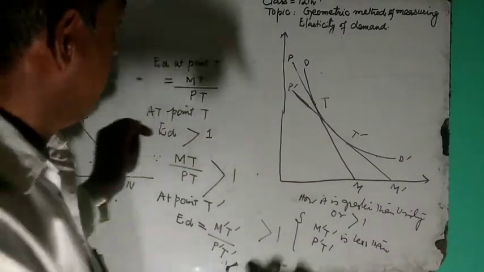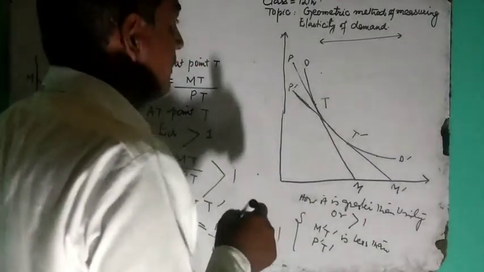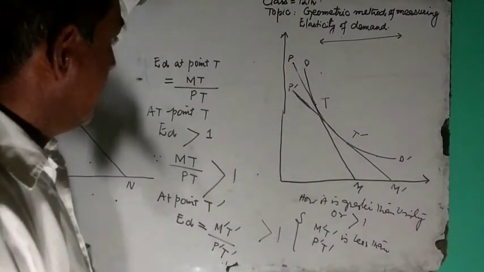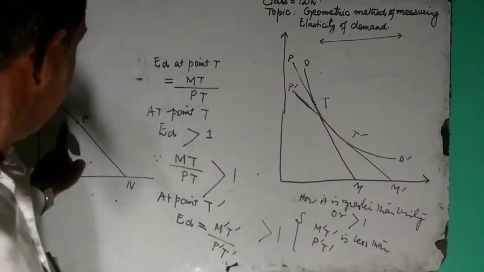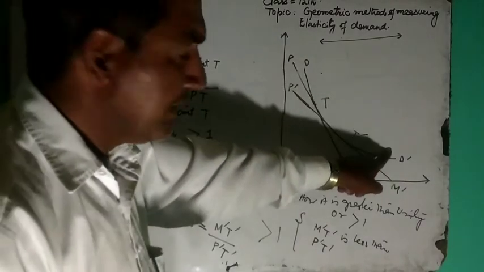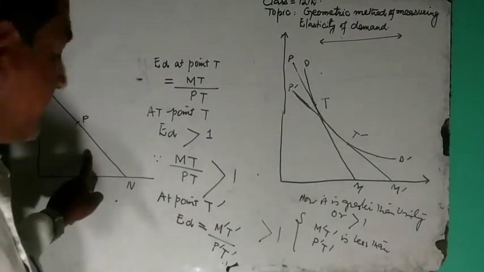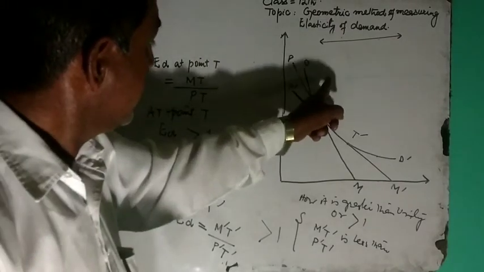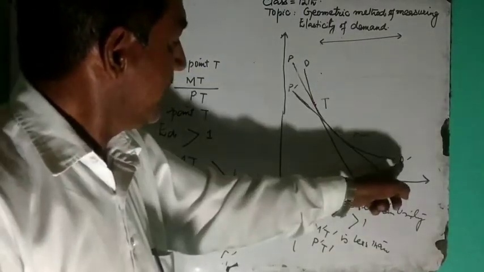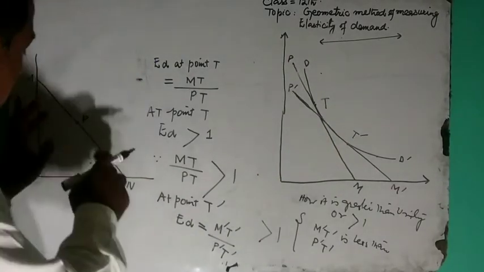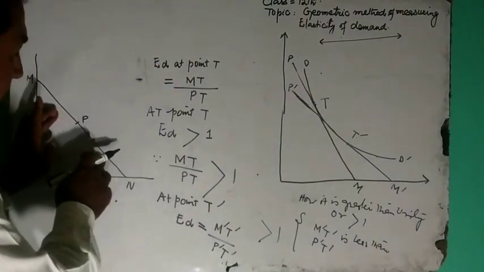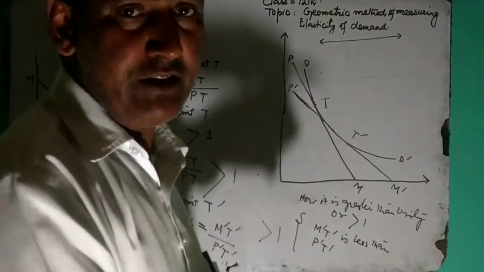So through the geometric method, on a straight line demand curve we divide the line segment into different parts, and on a normal demand curve we have to draw tangents to the points where we have to measure it.